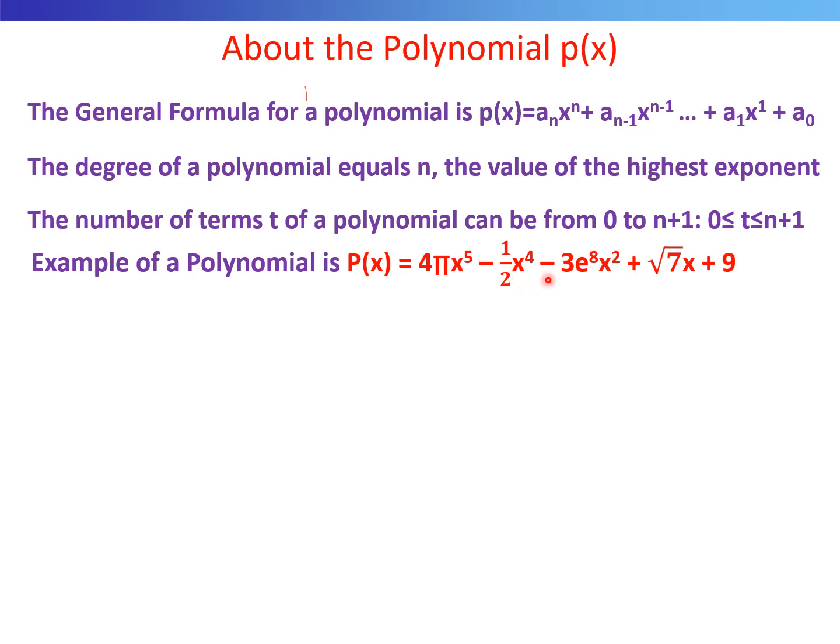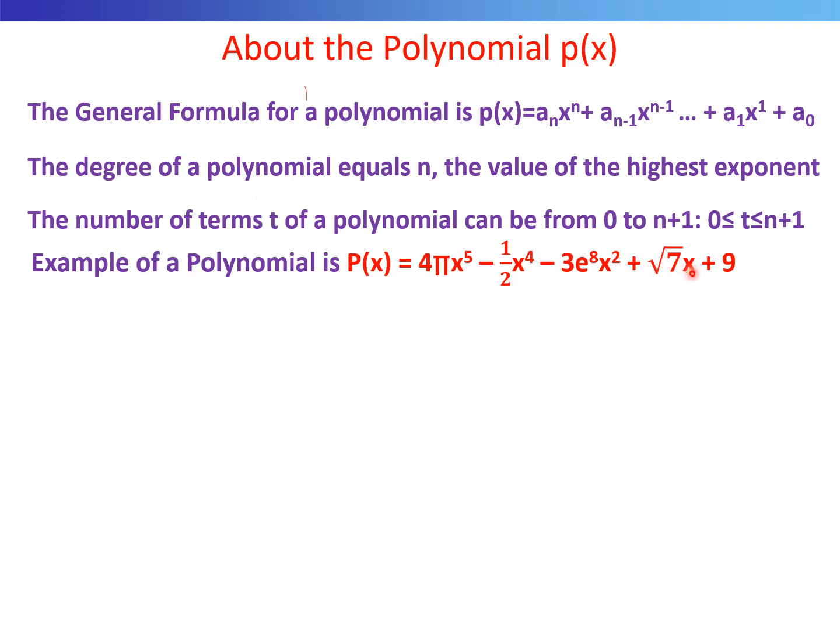We have minus 3 e to the power 8 x squared. That means we're involving exponentials in the coefficient. And then we have multiplication. We have plus, that means there is addition. We have square root.